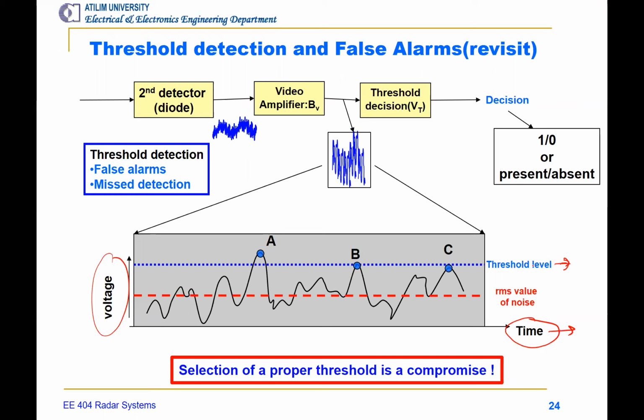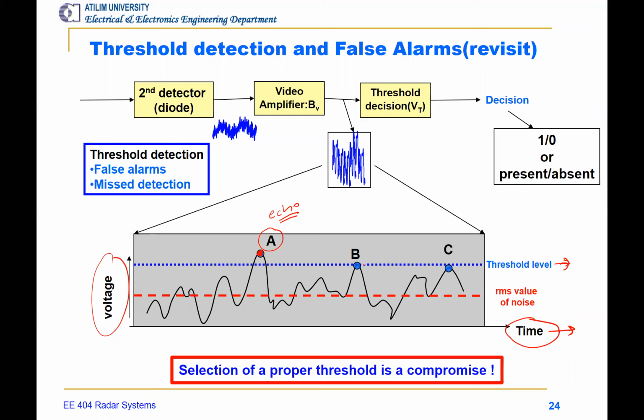If it exceeds the threshold, we report that there is an echo signal. For sample A, it's quite clear that the sample taken is greater than the threshold, so we can declare an echo signal. So there is a target present.